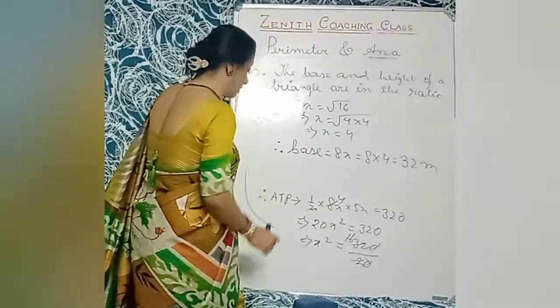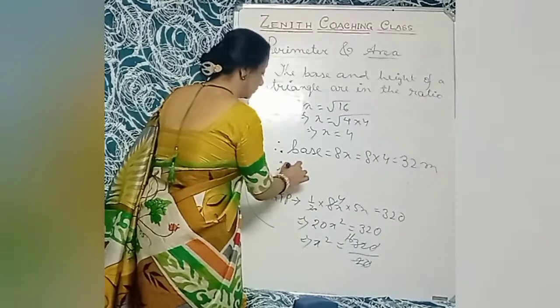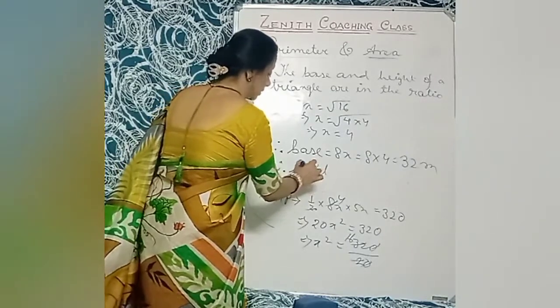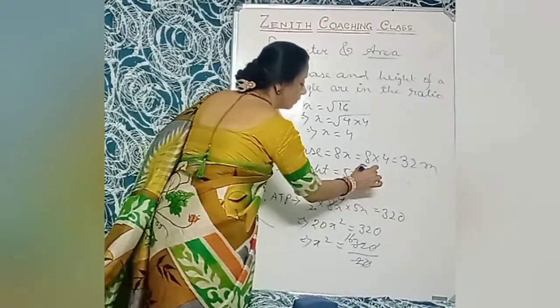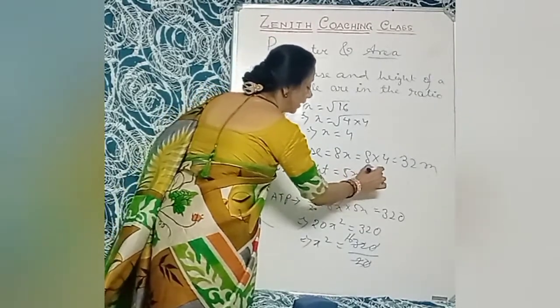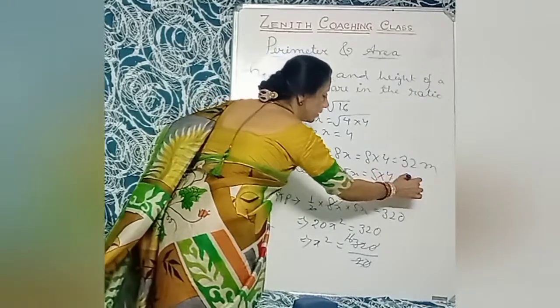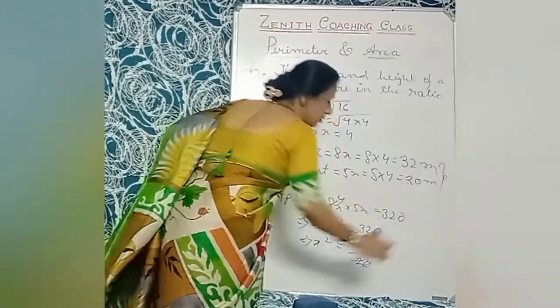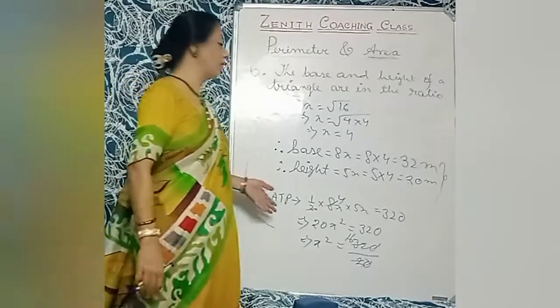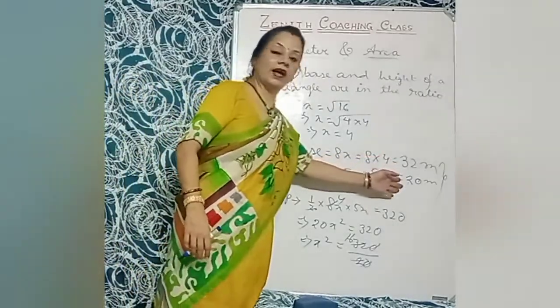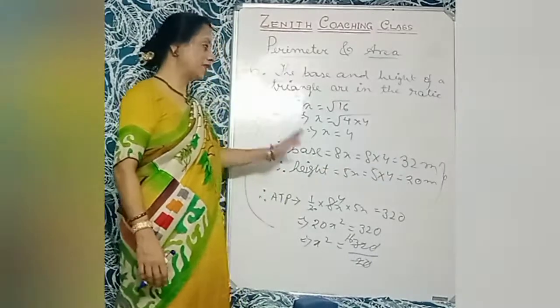And height equals 5x equals 5 multiplied by 4 equals 20 meter. I asked this. So you just easily found out the base and the height of the triangle. So please observe the sum.